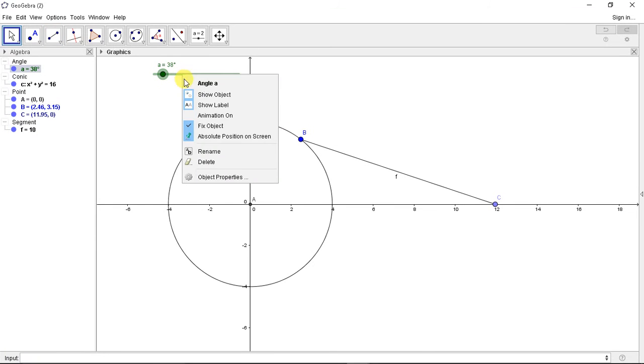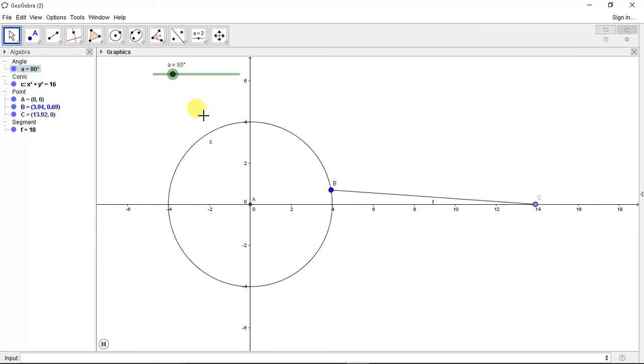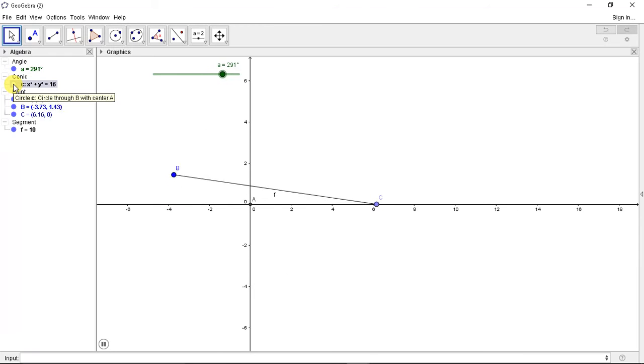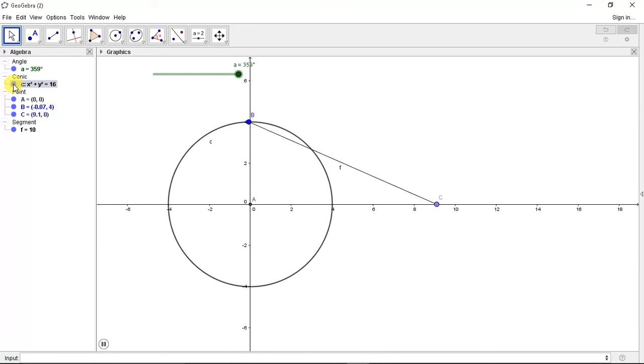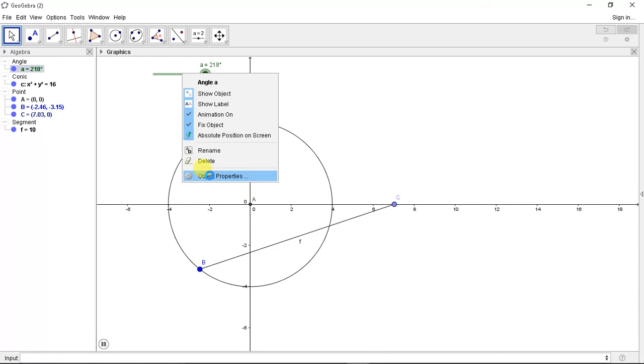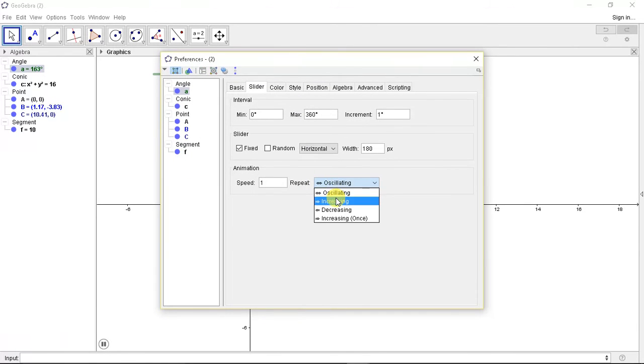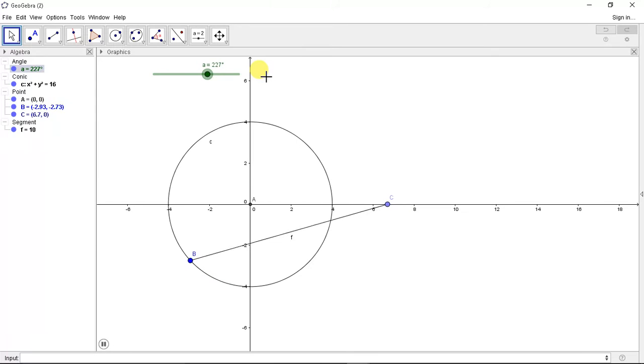As we start this animation, we get this fantastic view, and keep it increasing always. So we get a constant.